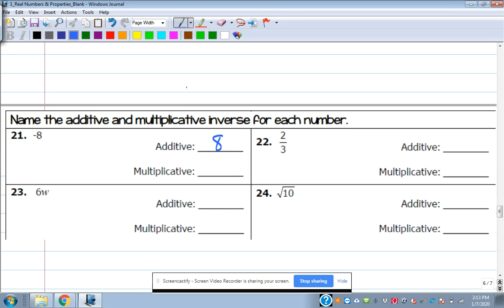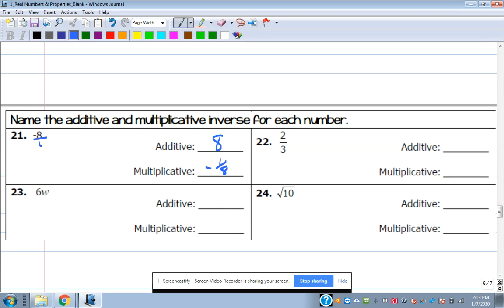Try again. Because how do we write negative 8 as a fraction? We put it over 1. The reciprocal of that would be flip it. That wouldn't change signs. Negative 1/8. Don't change the sign on the multiplicative inverse. The additive inverse changes signs. Multiplicative inverse does not change signs. It's the same.